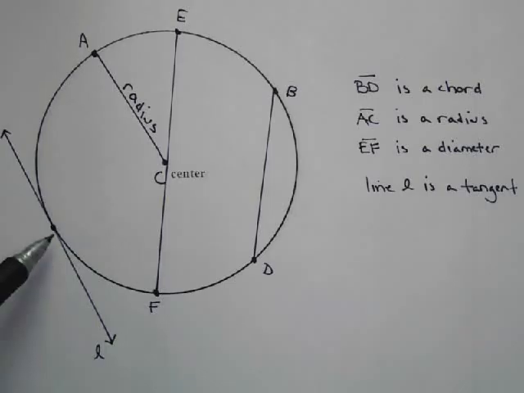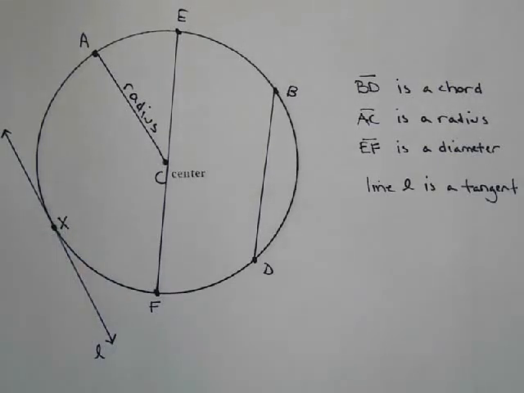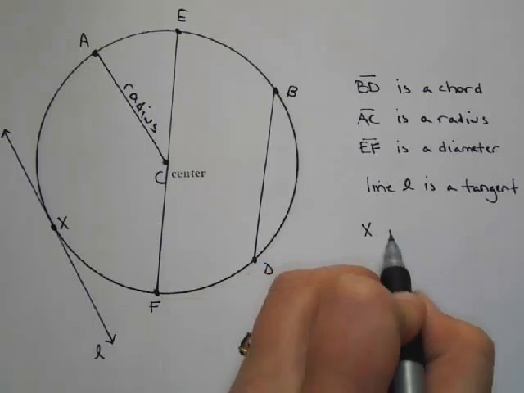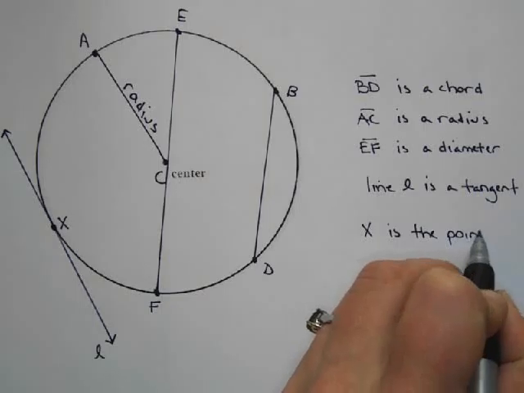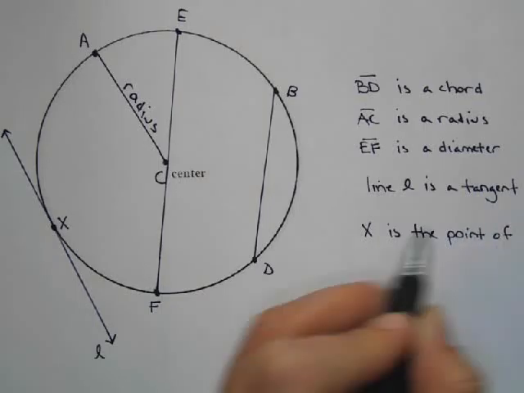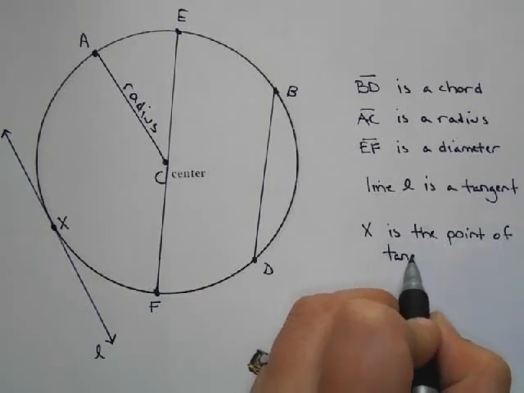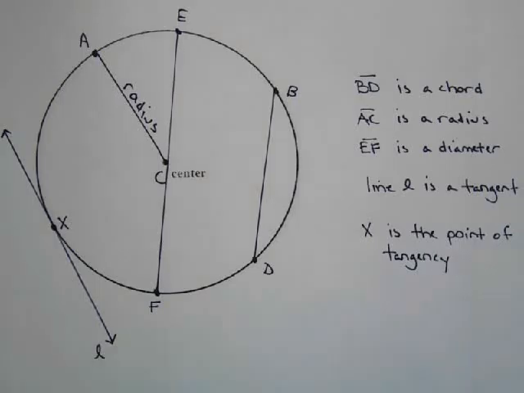And then we call the point that it intersects a point of tangency. So X is a point of tangency. So that's where the tangent line meets the circle.